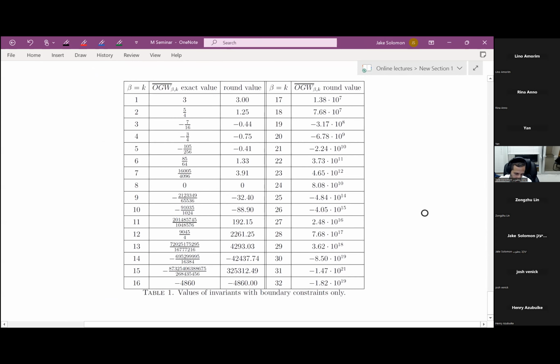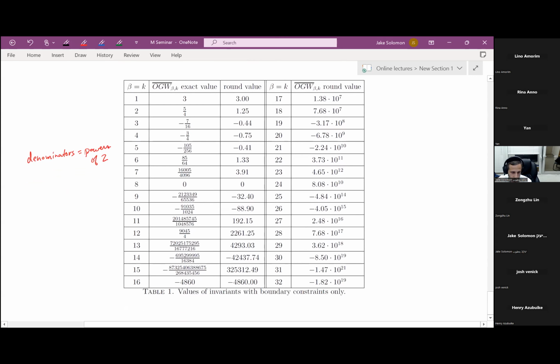So if you just look at these numbers, you notice the denominators are always powers of 2. Okay, so you're dividing by 35 over 64, but still the denominators always stay powers of 2.